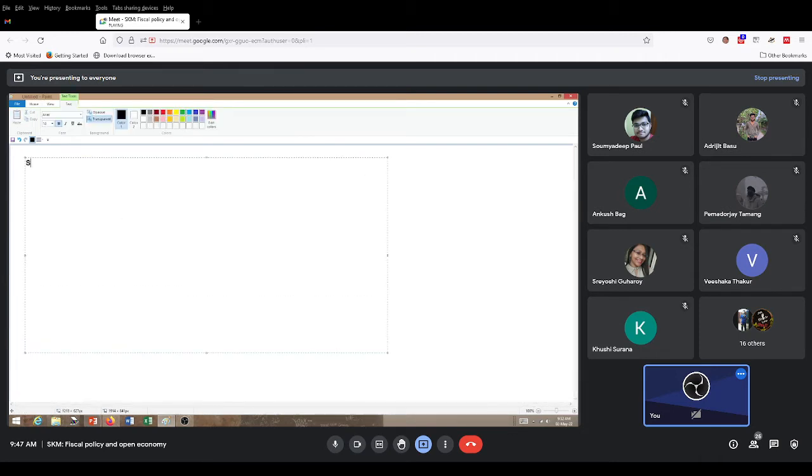Okay, so we see that if G rises by 200, then T will also rise. But the rise in T is less than the rise in G. So dT is less than 200.